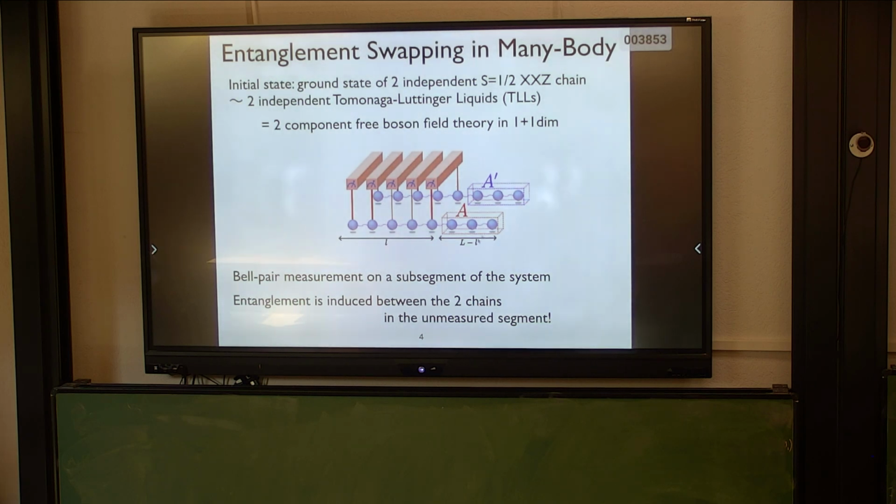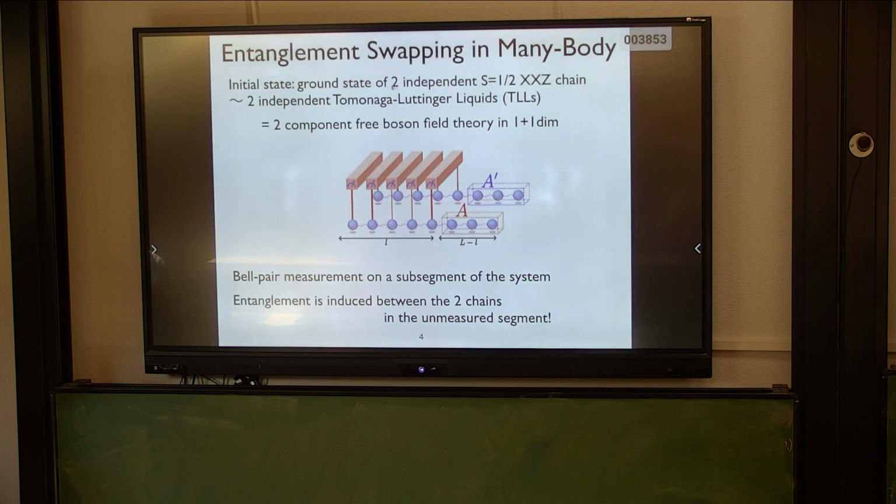But by doing this measurement, you force some entanglement between these left regions. Because of this, region A and region A prime must be entangled after this projective measurement. The purpose of our study is to quantify how much entanglement occurs between region A and A prime after this Bell pair measurement.